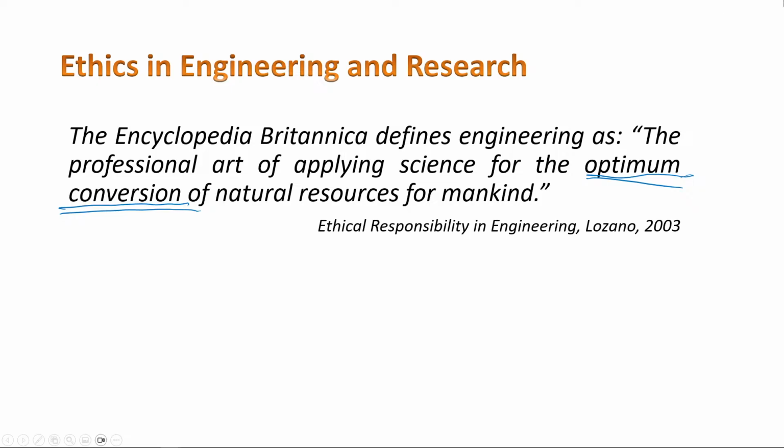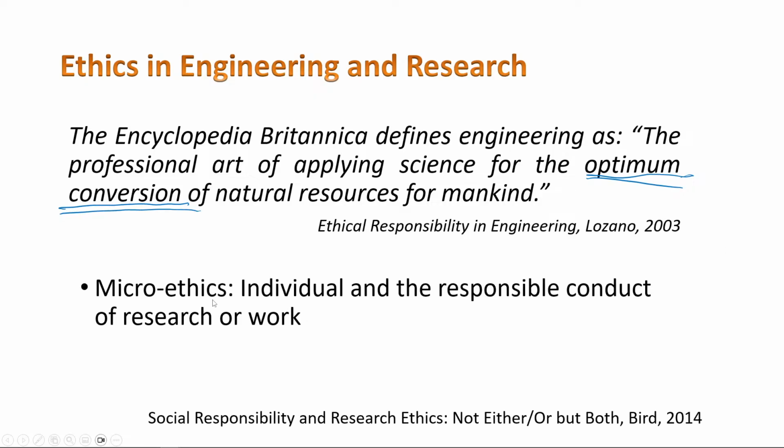Okay, so given this definition, let's look at two types of ethics. One is called micro ethics. That's simple. You need to be an honest person, as an individual, with responsible conduct of your research or work. There is an honest person and a dishonest person. You are just a civilized, honest, and decent person.